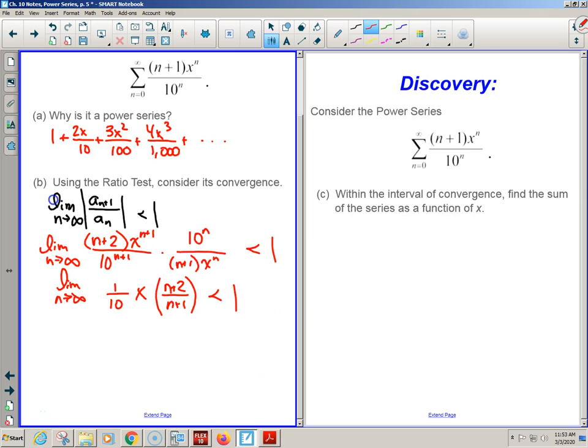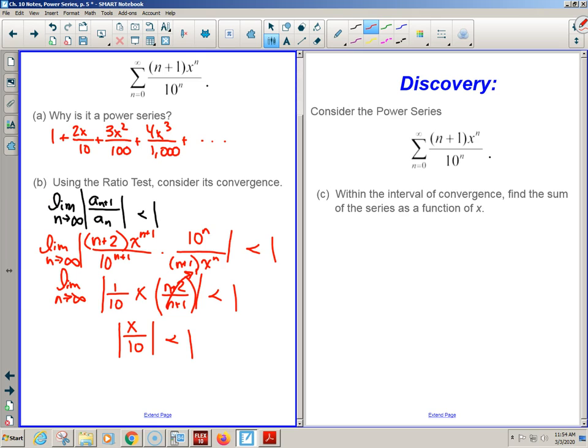So what do I have? Well, technically, okay, hold on, wait a minute. All of these terms were positive, but can't x be positive or negative? What if we know that this is always positive, but we don't know what's going on with the x? So what would we need to do in order to solve? Absolute value of x over 10 needs to be less than 1 because the limit of this guy is 1.